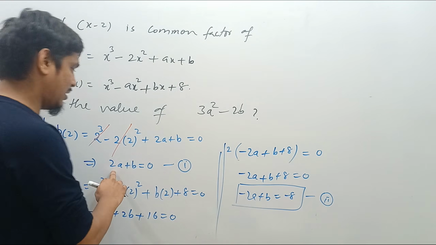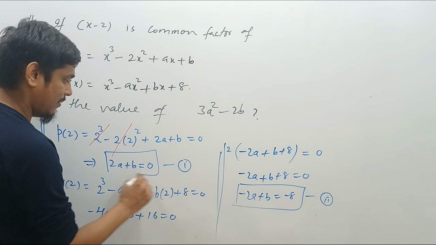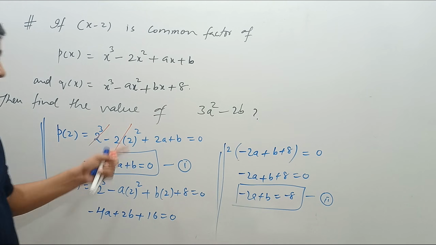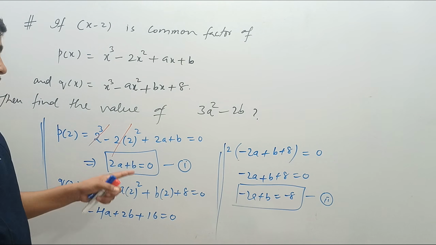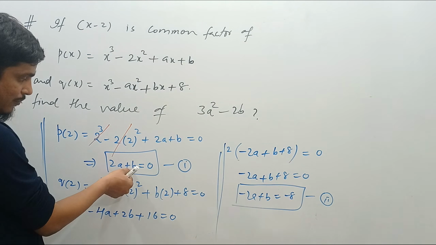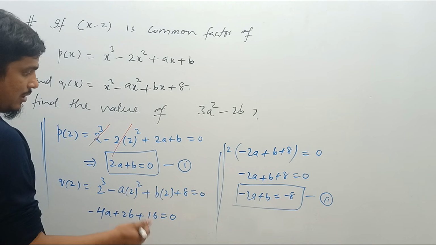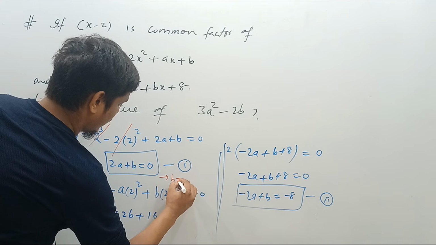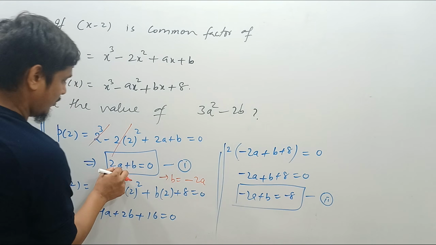So the two equations in two variables a and b. So we can solve this by finding the value of one variable in terms of the other. So from equation number 1 we can get the value of b is equal to negative 2a, because 2a is in plus.